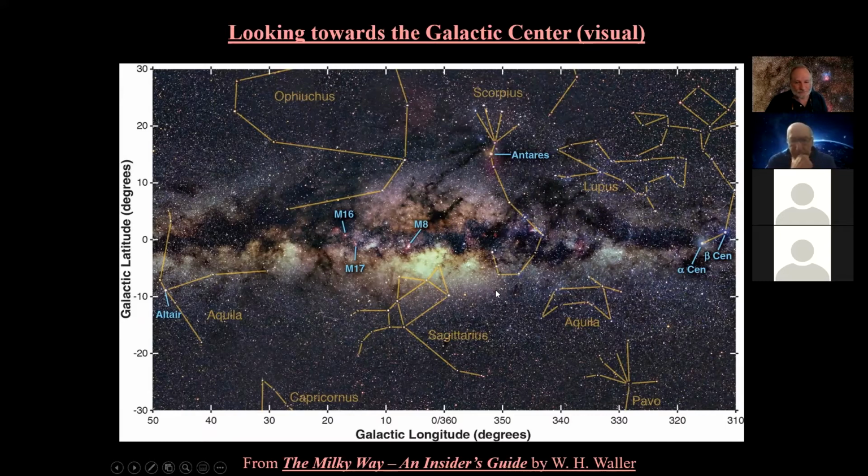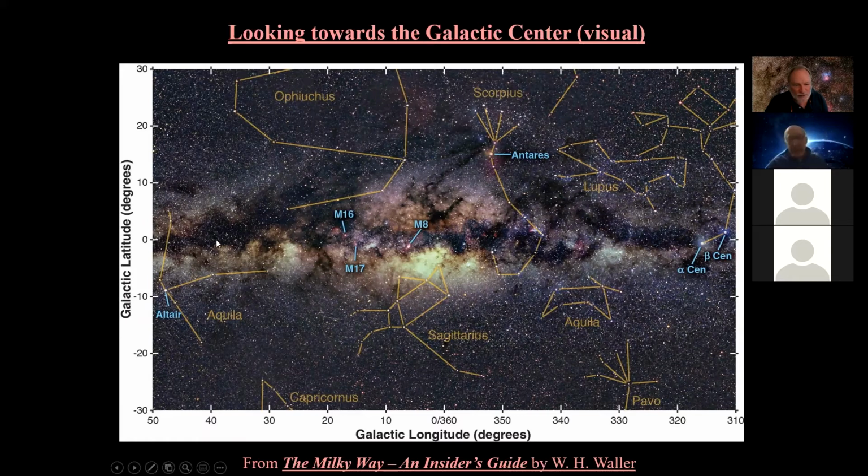And they're also familiar with some fun objects to observe through binoculars and telescopes, such as M8, the Lagoon Nebula, and there's actually M20 right over here, which would be the Trifid Nebula, and M17, the Omega Nebula, and M16, the Eagle Nebula. And those are fun things to look at.